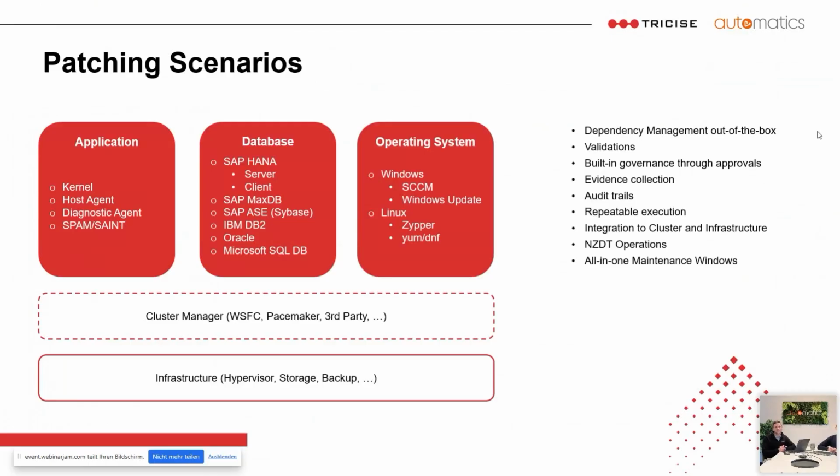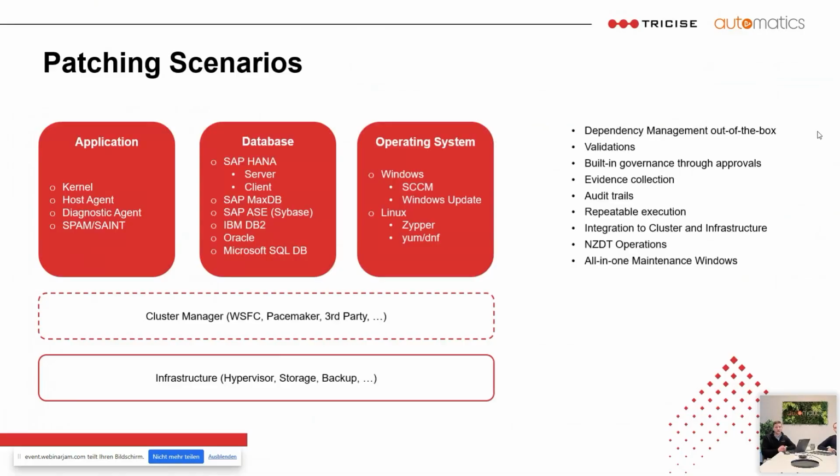On the database side, Automic fully supports all databases known in the SAP area. So of course, SAP HANA, server patching as well as client patching. We also have patching workflows for MaxDB and ASE, and also third-party database vendors like IBM with the DB2 database, Oracle, and Microsoft SQL Server.